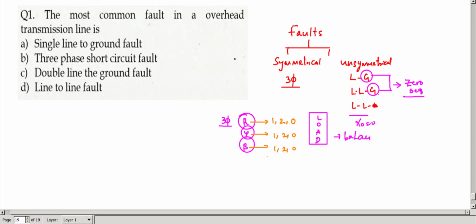If I want to solve these equations, the time taken is very high, so I want to reduce this. I convert unsymmetrical to symmetrical quantities with a suitable notation called the K notation or A notation. In some textbooks A, in some textbooks K, which has a magnitude of 1 at an angle of 120 degrees, rotating in the anti-clockwise direction.